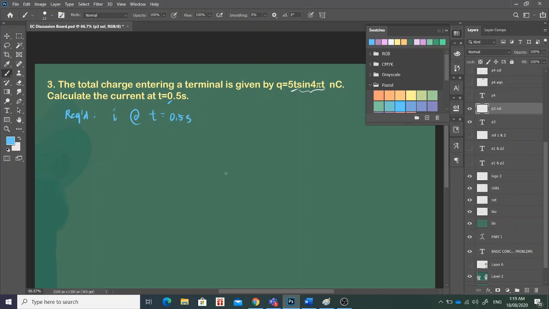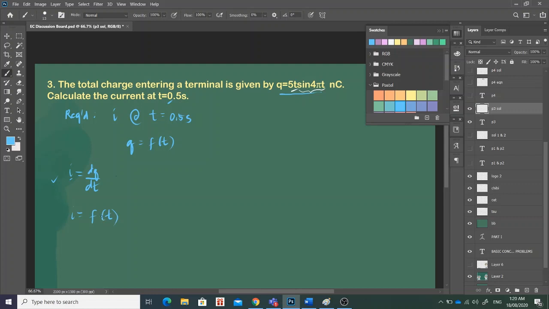Ayan. Okay. Ngayon, ang given natin is Q, okay, as a function of time, represented by 5t sine 4 pi t. Okay. So, alam natin that we can get an equation since given is an equation of Q in terms of time, and then we know that I is the time rate of change of charge represented by dq over dt. If we use this formula, makukuha natin yung equation ng ating current in terms of time.